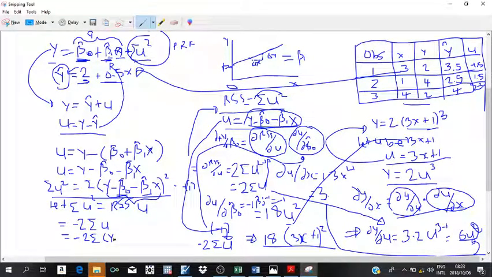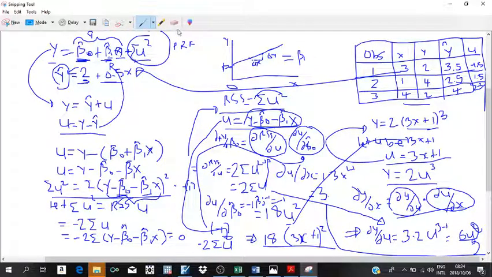So it's y minus close bracket, like this. We equate this to 0 because at the minimum point of a curve, the slope is 0. Remember, we're minimizing the residual sum of squares.